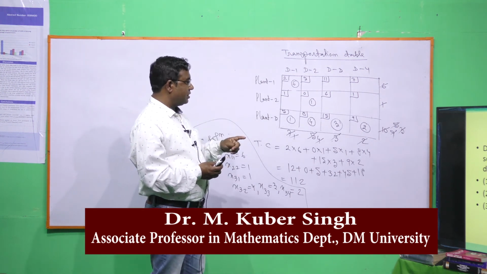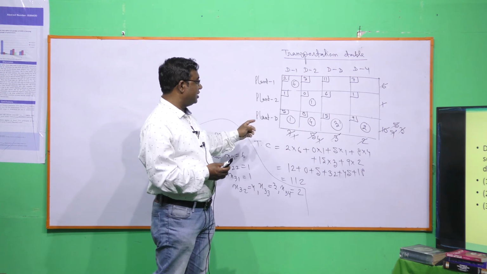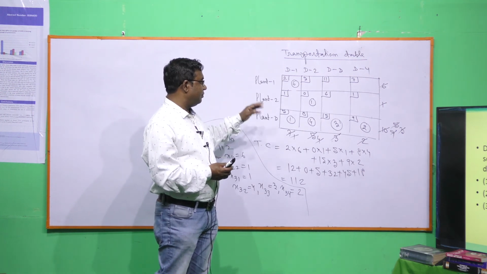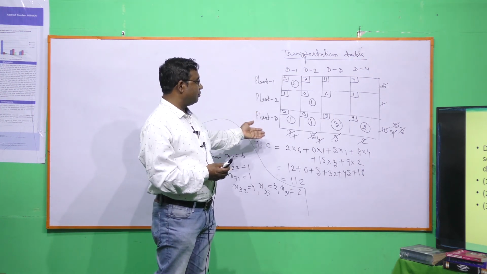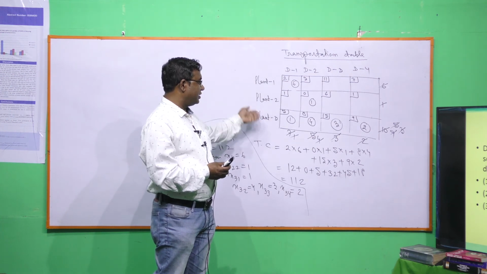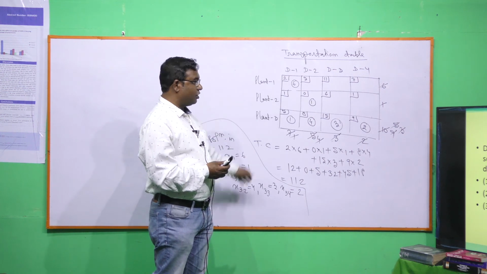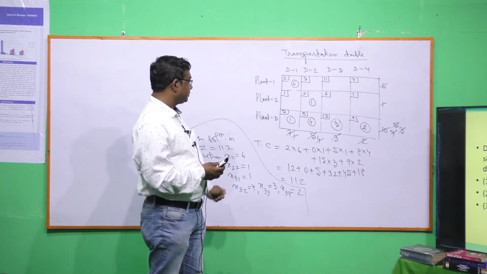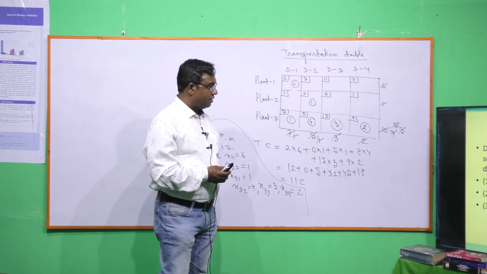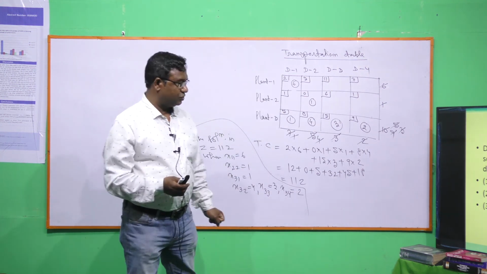By using that method, we can check the optimality condition. If this is not optimal, then we have to take further iterations. It will go on until the final optimal solution is obtained. So this is the method for finding the initial solution.